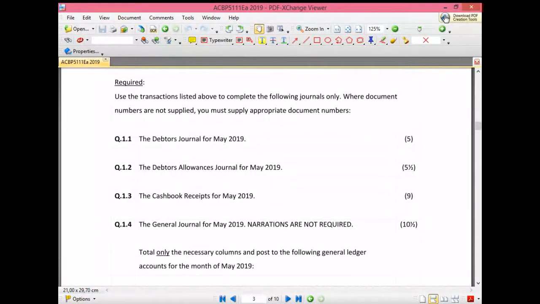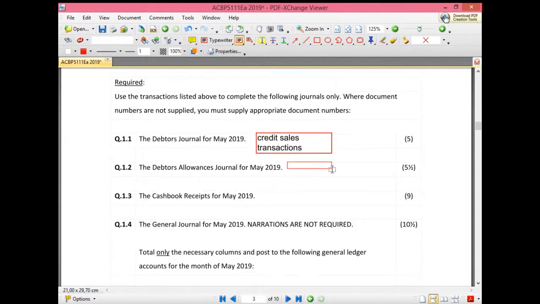Let's quickly see which journals they've specifically asked for. The first one is your debtors' journal. Now remember, with the debtors' journal, we are looking for credit sales. If you see debtors' journal, it needs to be any credit sales relating to that. Then the next one is your debtors' allowance.